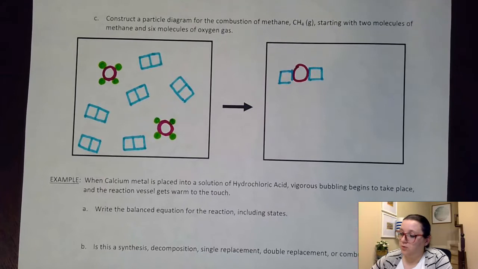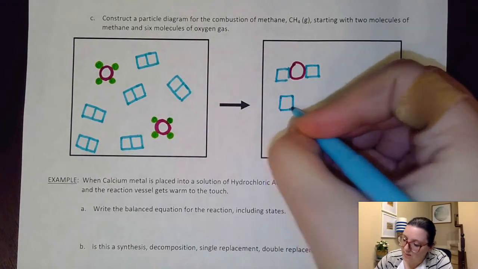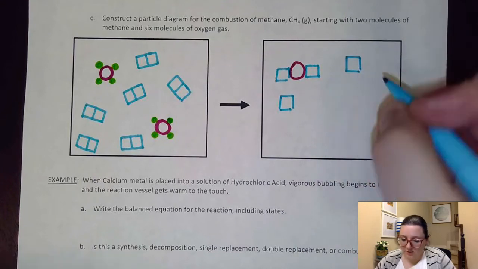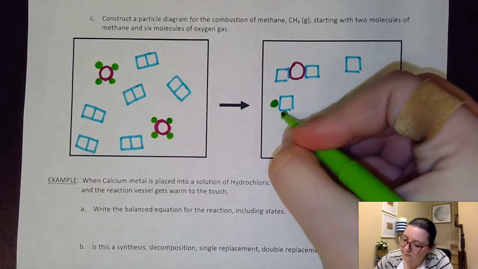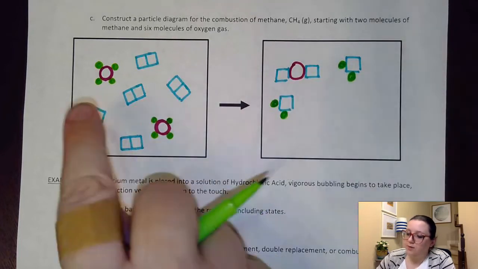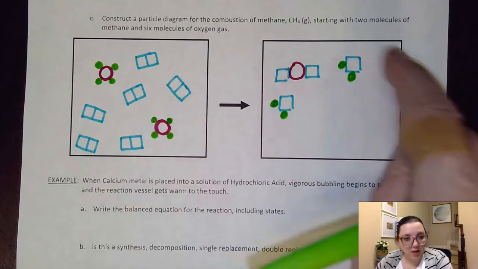So I'm going to go ahead and draw those 2 water molecules here as well. And you can organize these however you want. It's really not a big deal how you draw them in here, as long as you're getting your counts right. Okay, so there was 1 of these and 2 of these becoming our product.